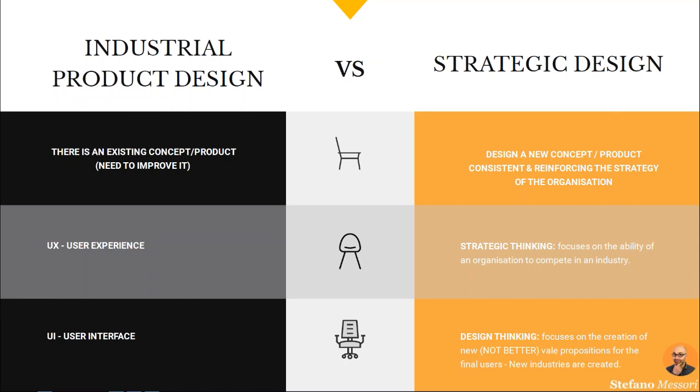Strategy focuses on your ability to deliver a product that is in line with the manufacturing plans that you have. When we look at the strategic viability of a company, we look at the value chain, the way the company performs activities to deliver value to the user.